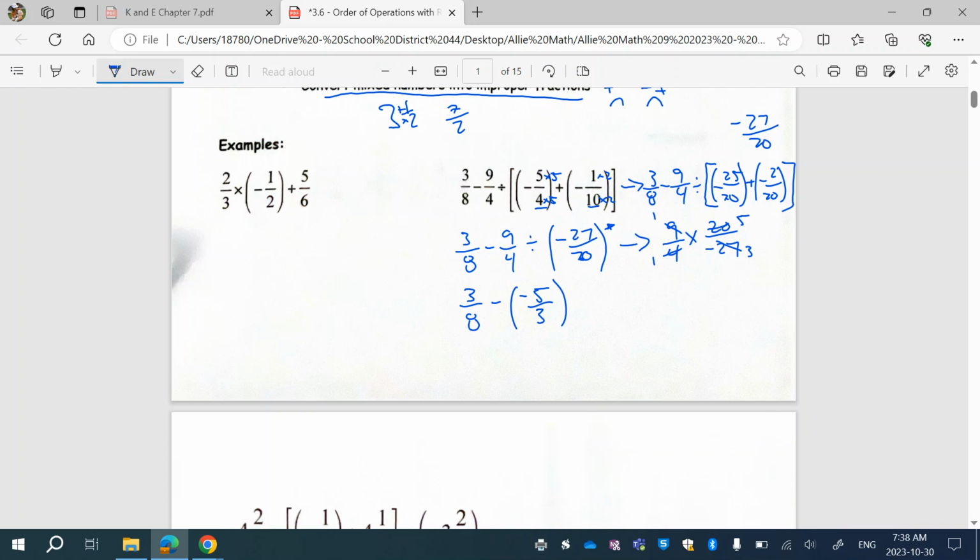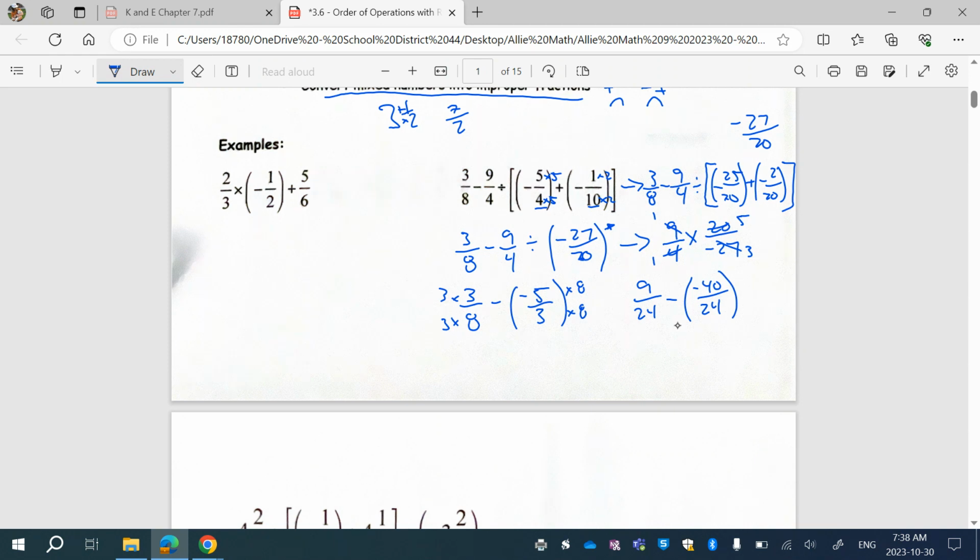I think the first number that each of these goes into is 24. So let's times this by 3 and 3, and times this by 8 and by 8. We end up with 9 over 24, subtract negative 40 over 24.